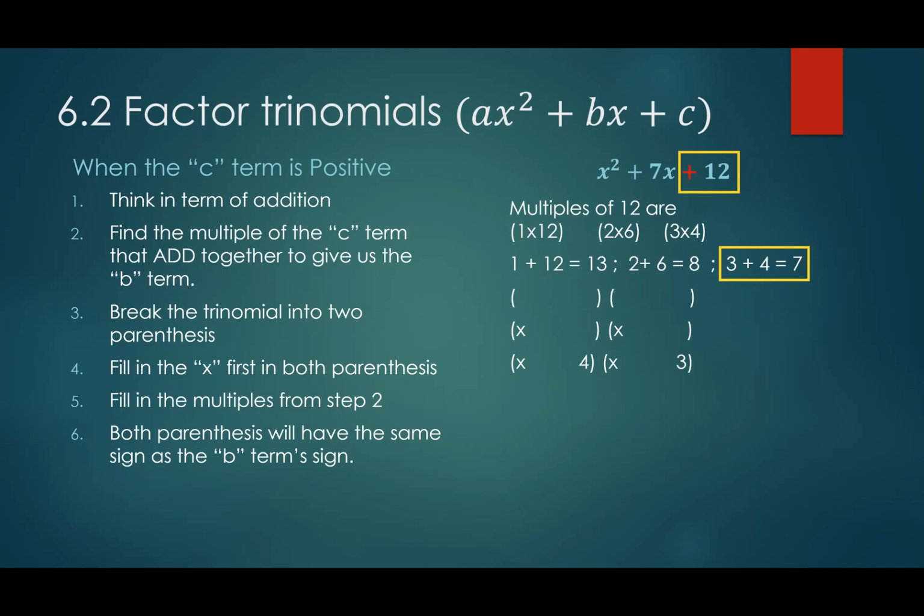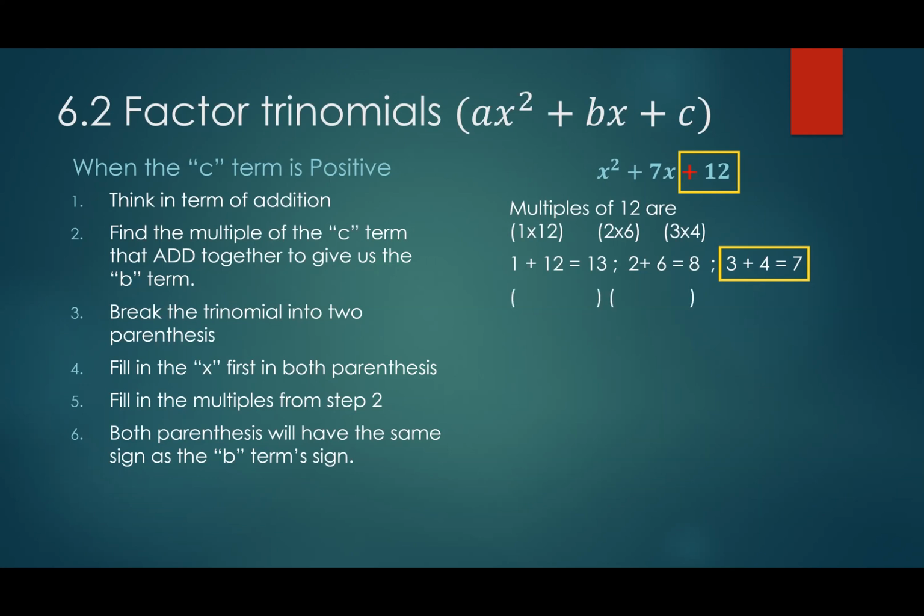Okay. And now, what are my signs? They will both have the same sign, and in this case, because the 7 is positive, they will both be positive. Again, let me go back. Once we find the multiple, 3 times 4 is 12, and 3 plus 4 is 7.